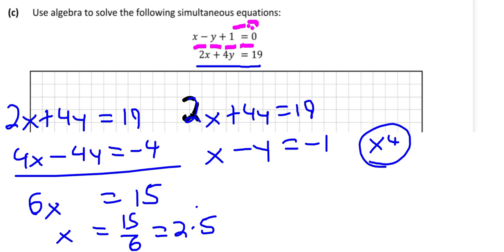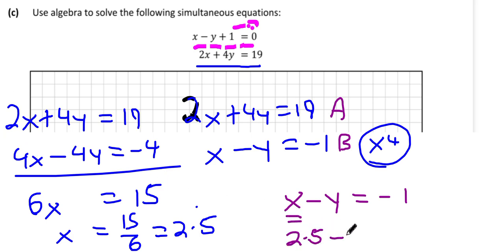Which equation would you like to use? You can either use option A or option B. I think B looks easier, because x take away y is minus 1, isn't it? What can we replace x with? 2.5. Take away y is minus 1.